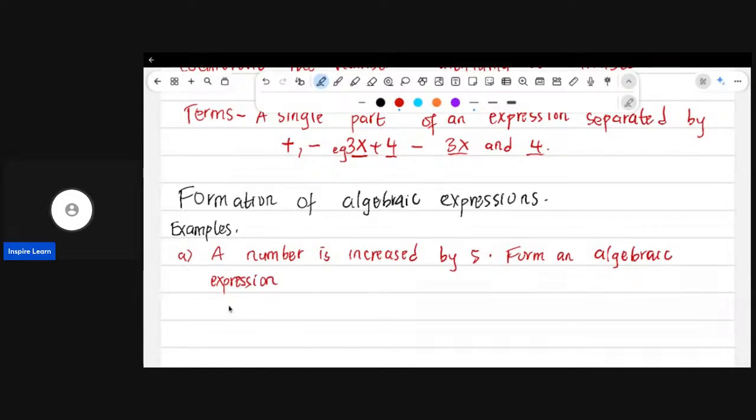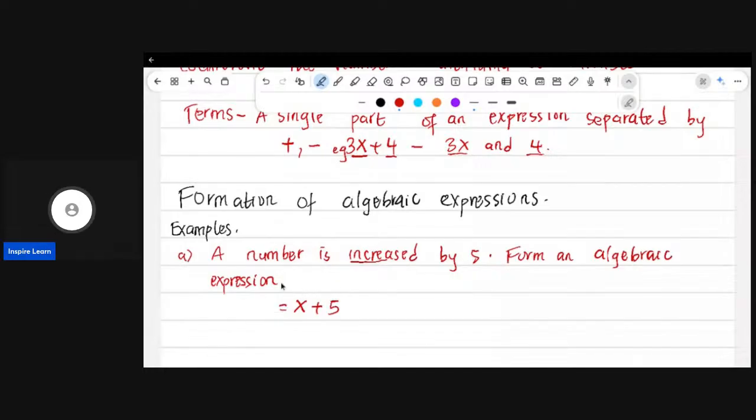A number, remember, is a number that we don't know, so this is going to be our variable. We have said we can use letters to represent variables, so we'll let our number be x. Then you have been told that a number is increased by 5. To increase means that it is x plus 5. And thus our algebraic expression is x plus 5.